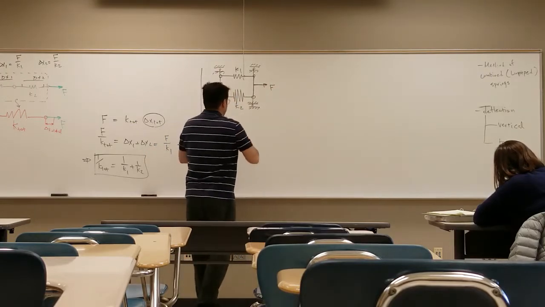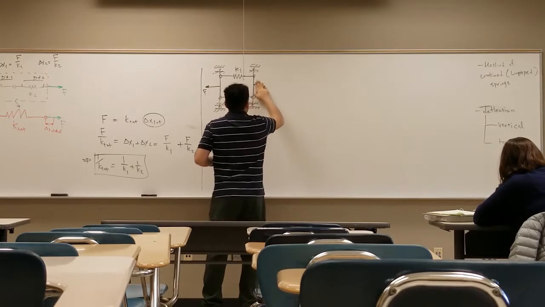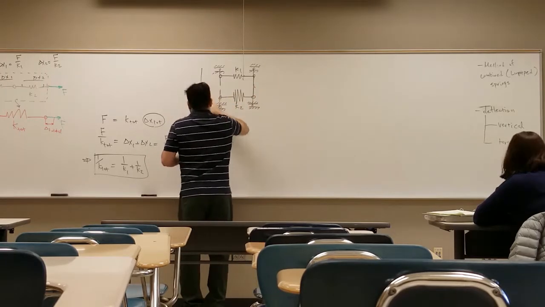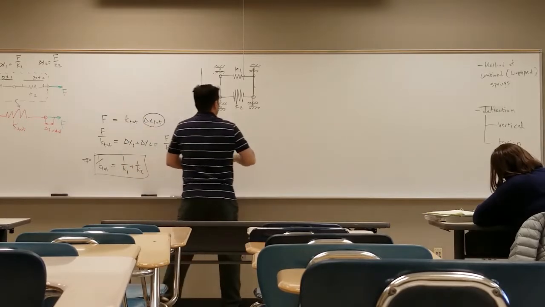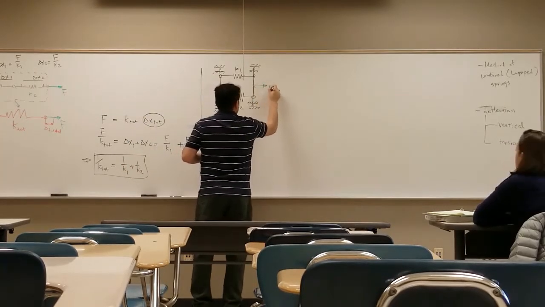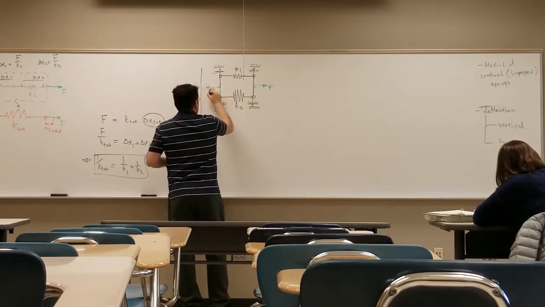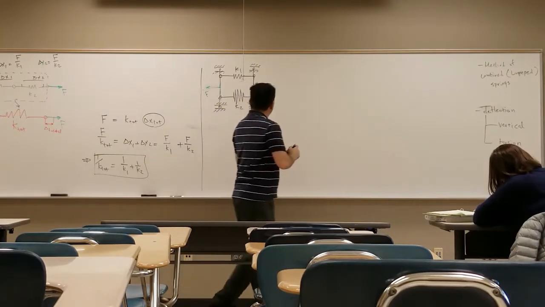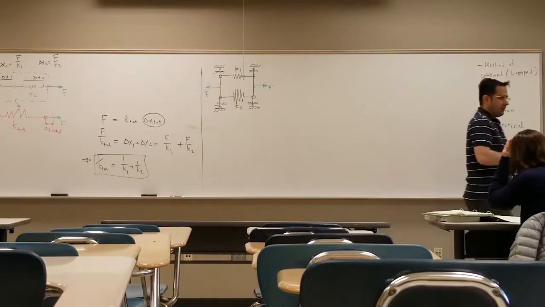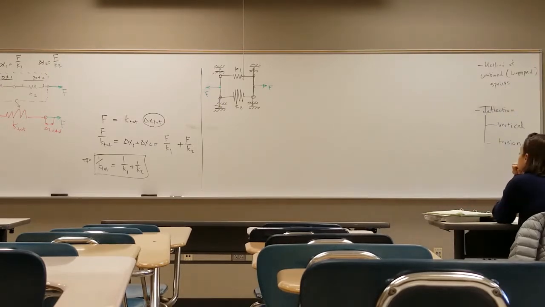Force at the end. Let's use another color here. Let's use green for the force, F. Now, my objective is, if I want to replace K1 and K2, that configuration, with just one spring that is going to mimic the effect of the two, then what should I write for the spring constant of the replacement, the K total of the spring?